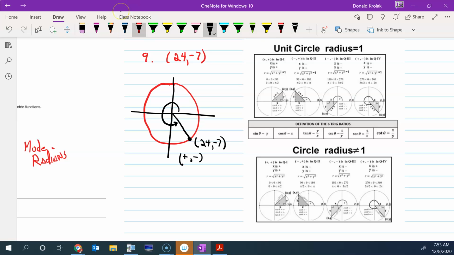All right, and now once you got that sketched, you're going to create a little right triangle here. From that point, that's a right triangle. This length is 24, and this leg is -7.